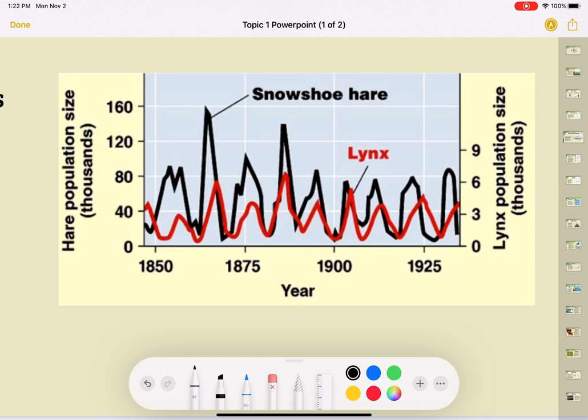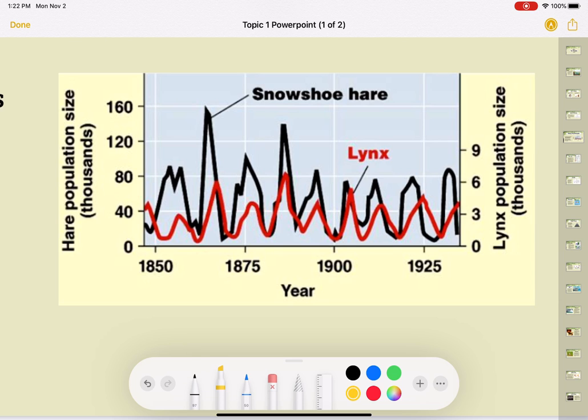So as the population of one goes up, the other one goes down, and that sort of thing. Actually, not really. It's sort of like a cycle where, let's see.